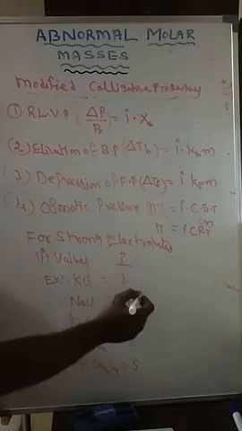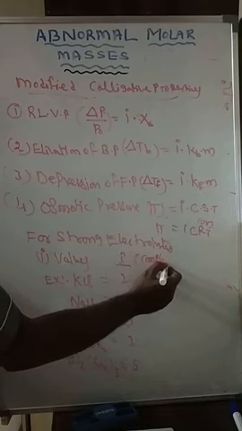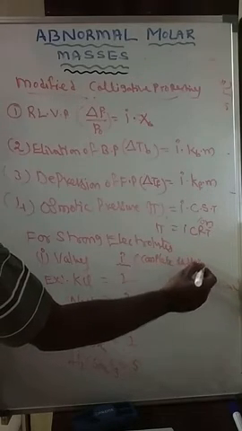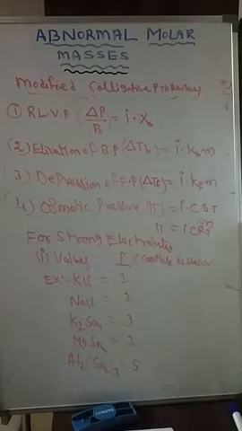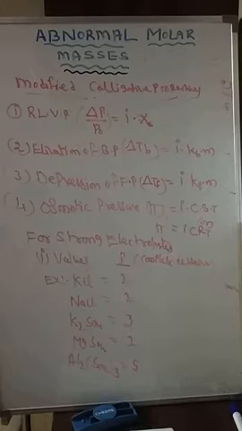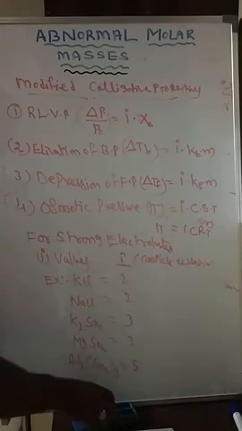These i values are nearly for complete dissociation. So that is the representation of the Van 't Hoff factor for some examples of strong electrolytes.